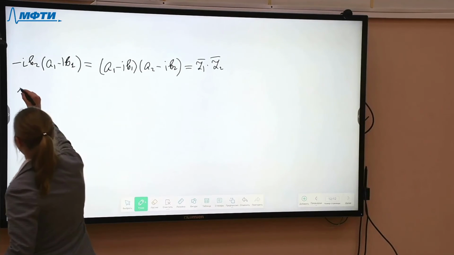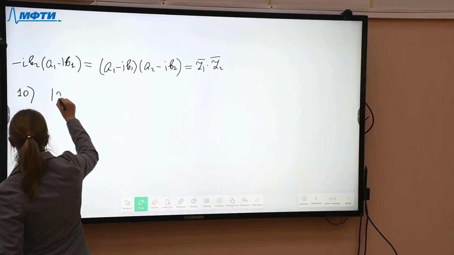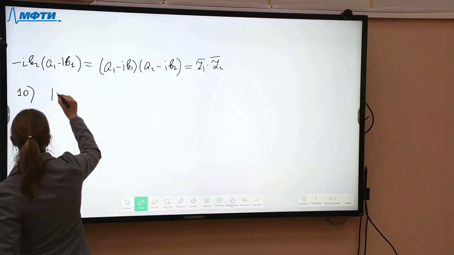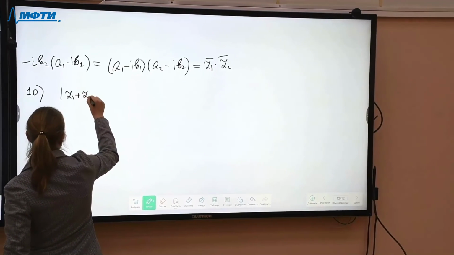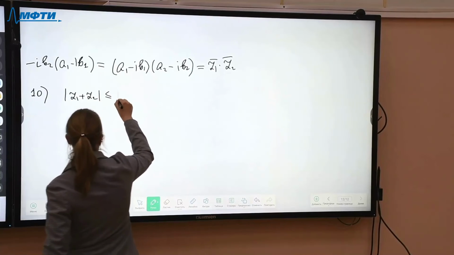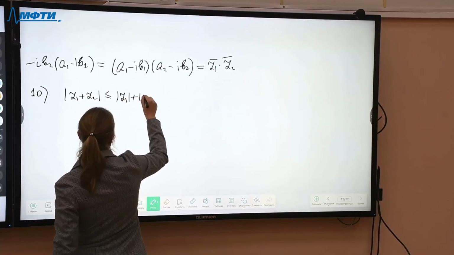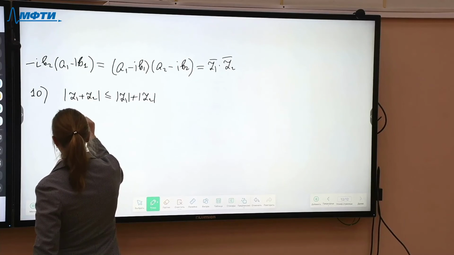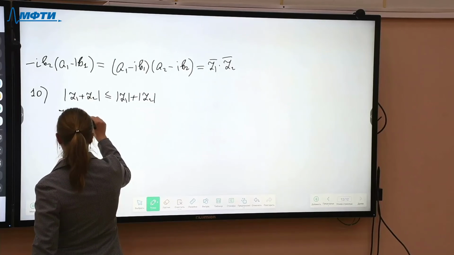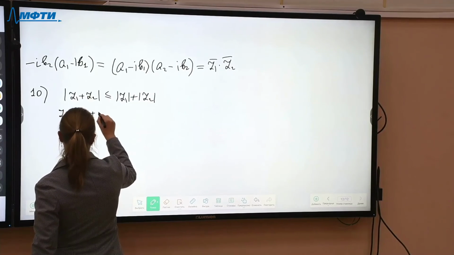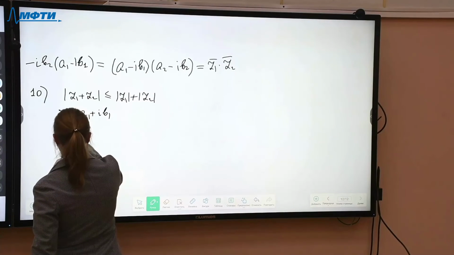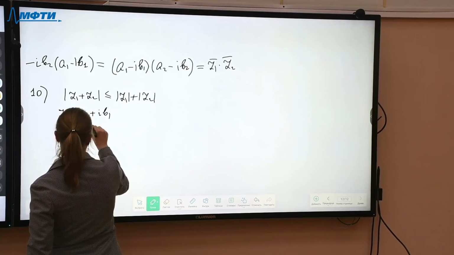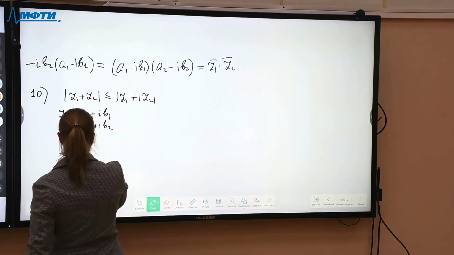So, number 10. We need to show that the modulus of z1 plus z2 is less or equal than the sum of two moduli. Again, let's say that z1 is a1 plus i b1, and z2 is a2 plus i b2.